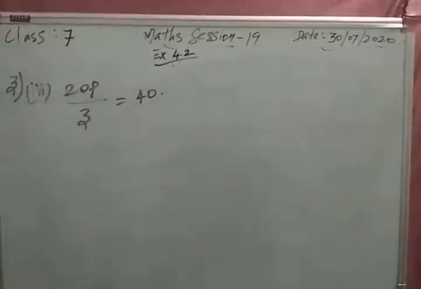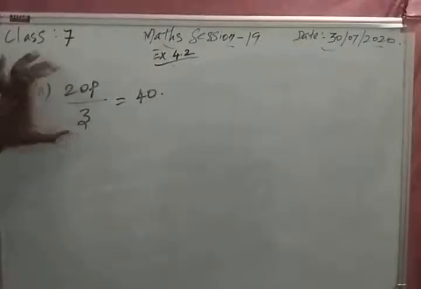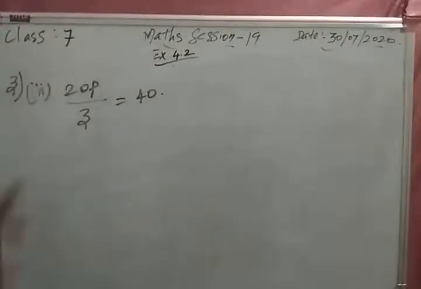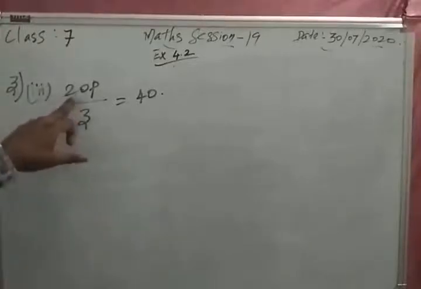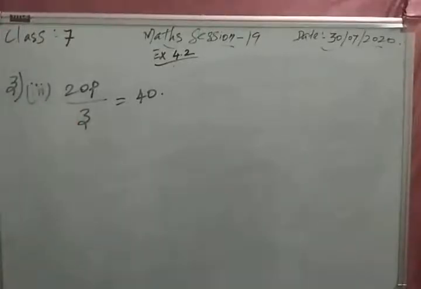Here we can notice a multiplication term is there, and a division term also is there. What can we do? This is very easy. We only have to take the reciprocal of the numbers, or we can do the same method also, no problem.